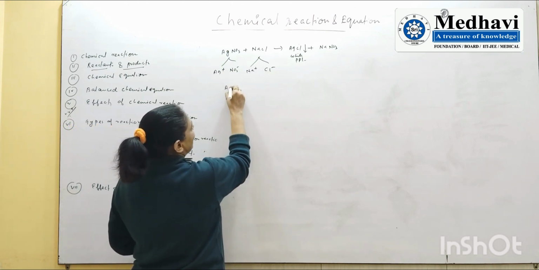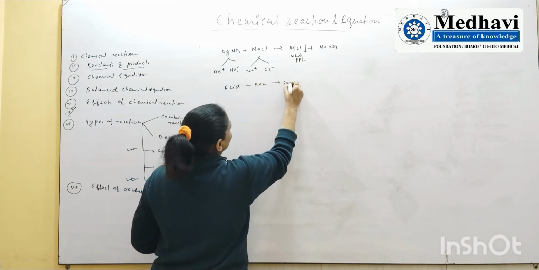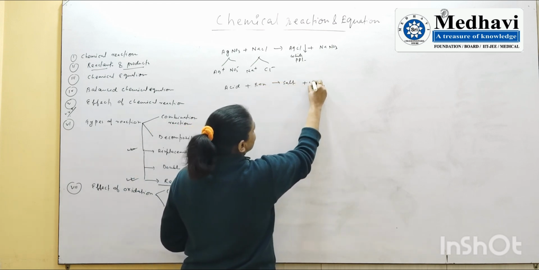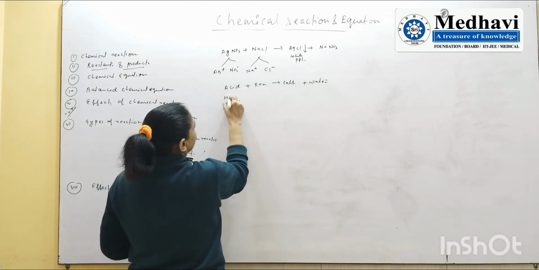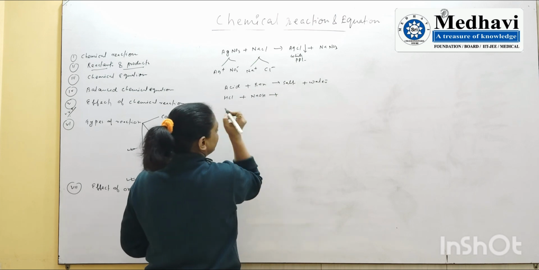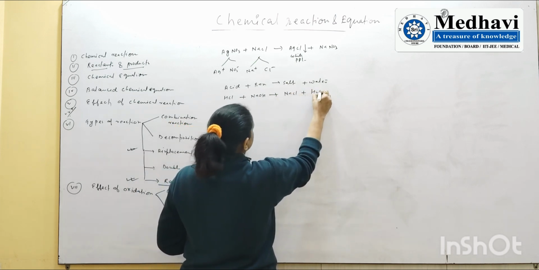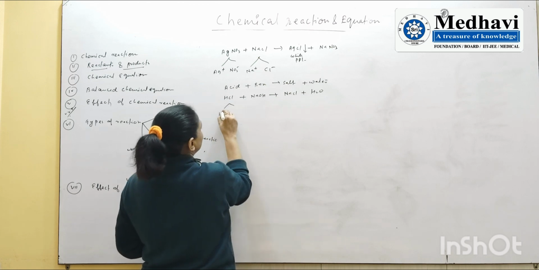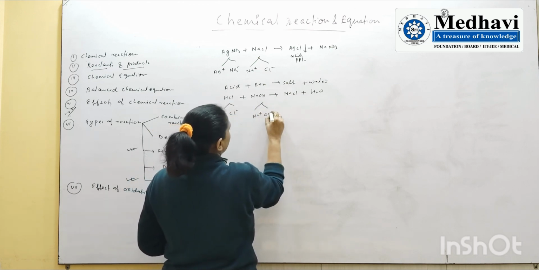One more example: acid reacts with base to give salt and water. This is also an example of double displacement. HCl reacts with NaOH to give NaCl plus water. So here H plus and Cl minus are present, and NaOH gives Na plus and OH minus.